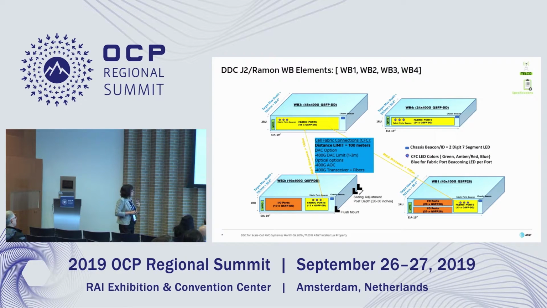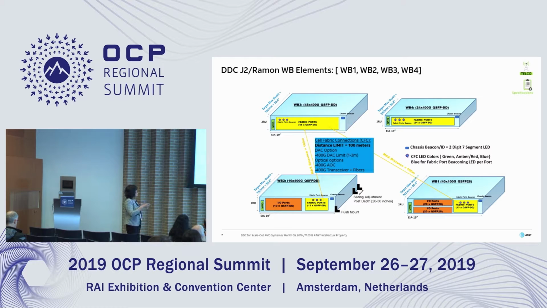Okay, so pictorially, these are the different white boxes 1, 2, 3, and 4 that I described earlier, and they specify the dimensions. Basically, 3 of the 4 would be 2 RU because of the thermal consideration and the density, since you need the real estate to bring out all the fabric ports.